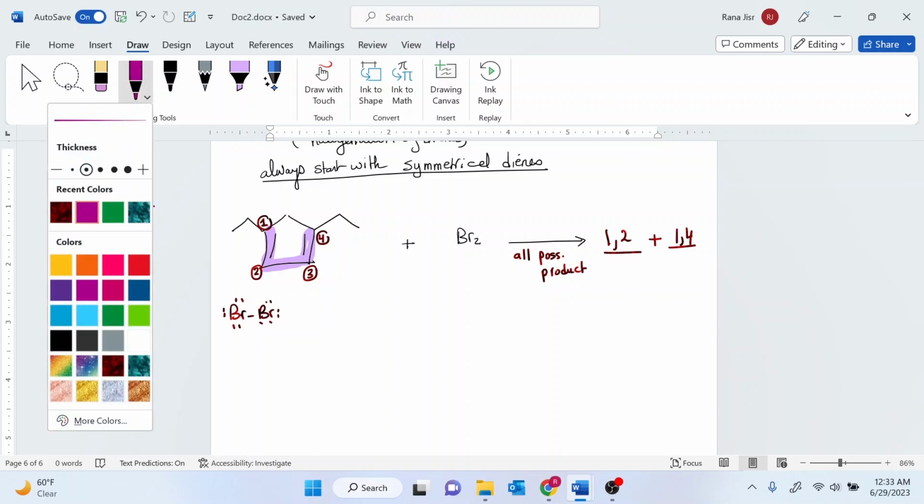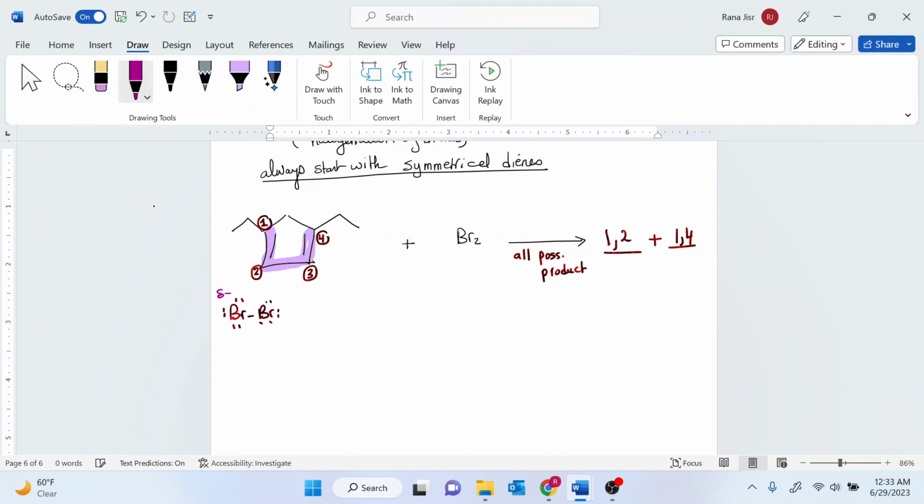However, because of the electronegativity of the bromine, you are going to create an induced dipole, and that dipole means that one bromine is going to take more electrons than the other and create a plus charge on the other bromine. This is your electrophile that is going to start the reaction with the nucleophile. So you have your alkene as a nucleophile and your bromine as an electrophile.